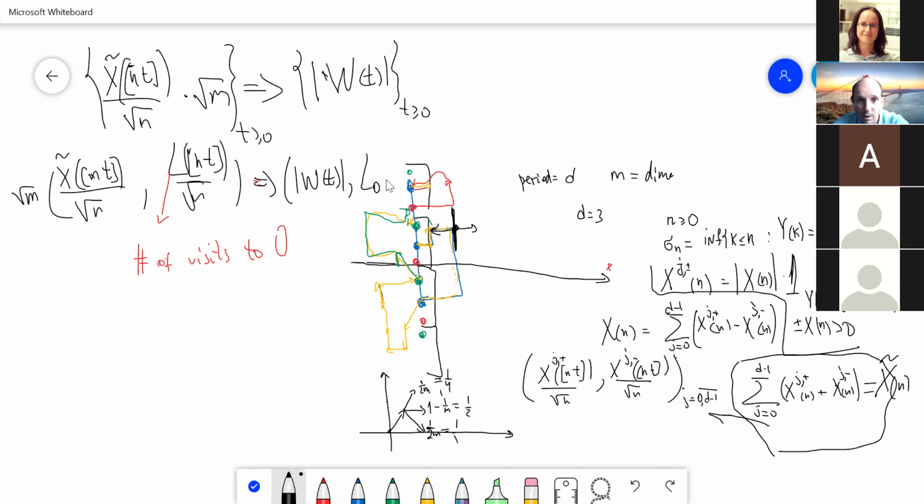Local time at 0. And we have convergence not only of one-dimensional distributions, but a convergence of processes.